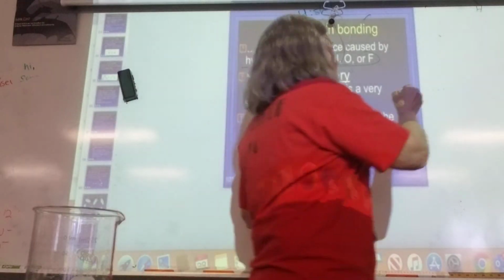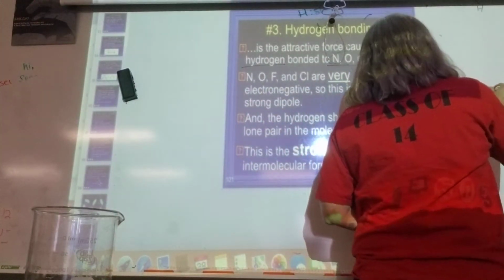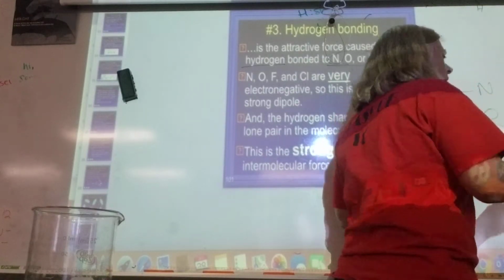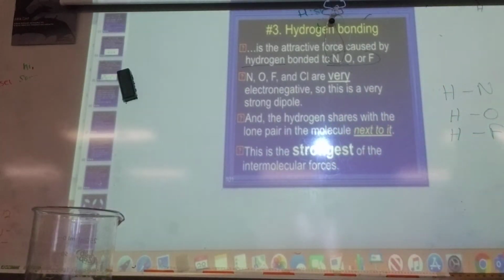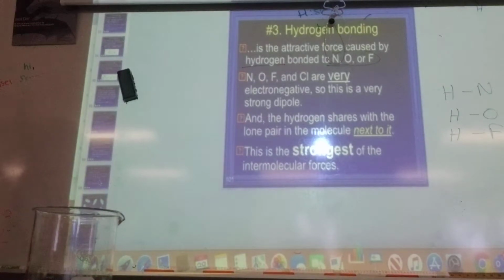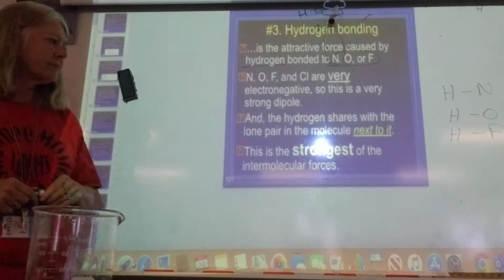There has to be bonds like this included. If there aren't bonds like that, then it's not hydrogen bonding. So if you have H with an S, guess what? Not hydrogen bonding. And we'll practice those when we do our lab. It is the strongest of the covalent intermolecular forces.